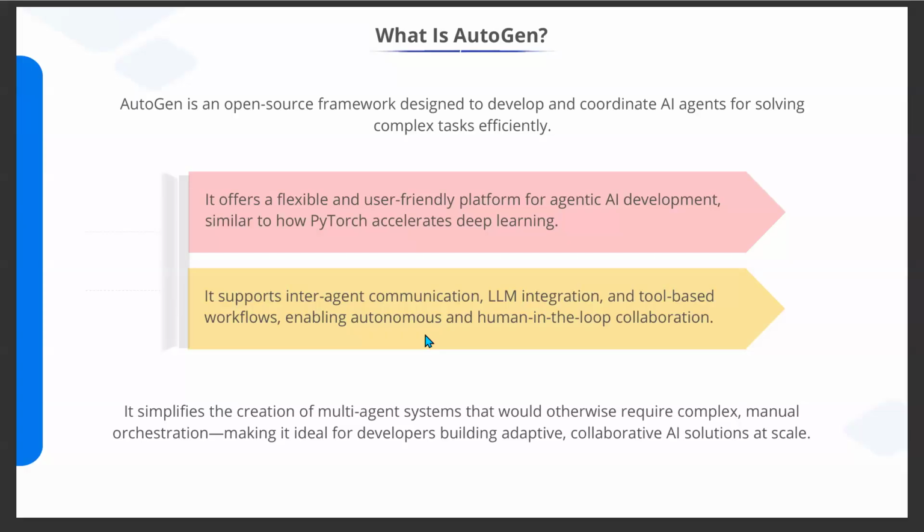That is the beauty of AutoGen. It simplifies the creation of multi-agent systems that would otherwise require complex and manual orchestration, making it ideal for developers to build adaptive, collaborative AI solutions at scale.